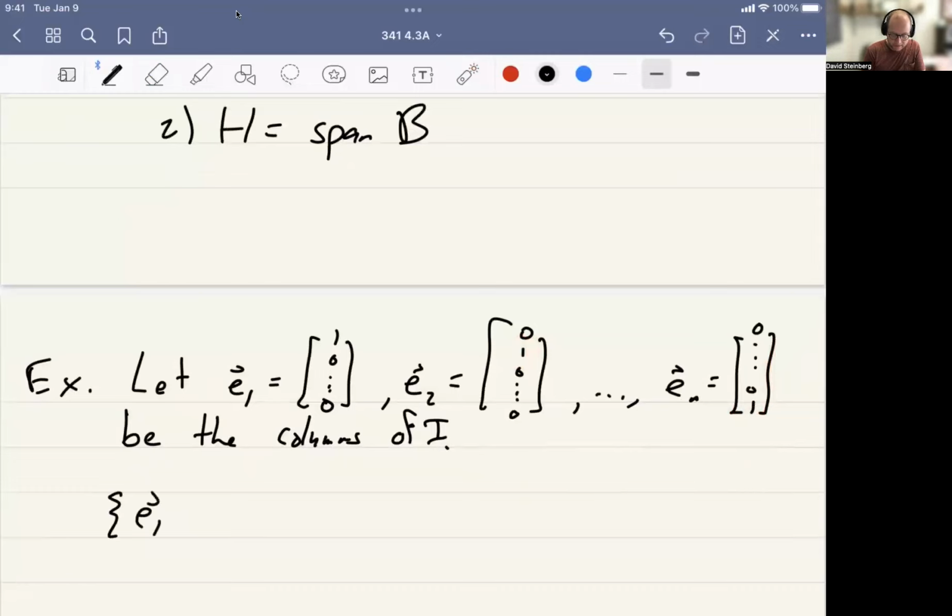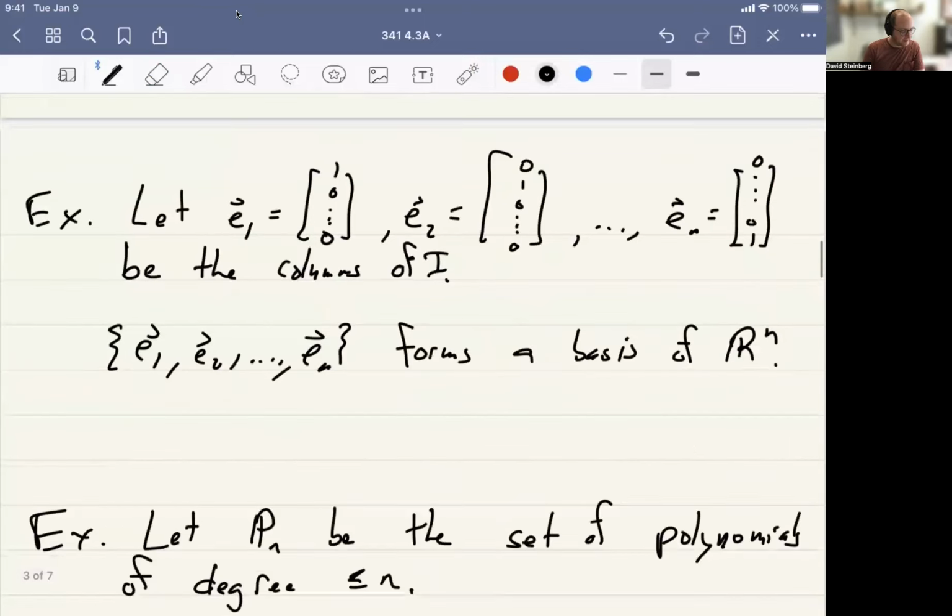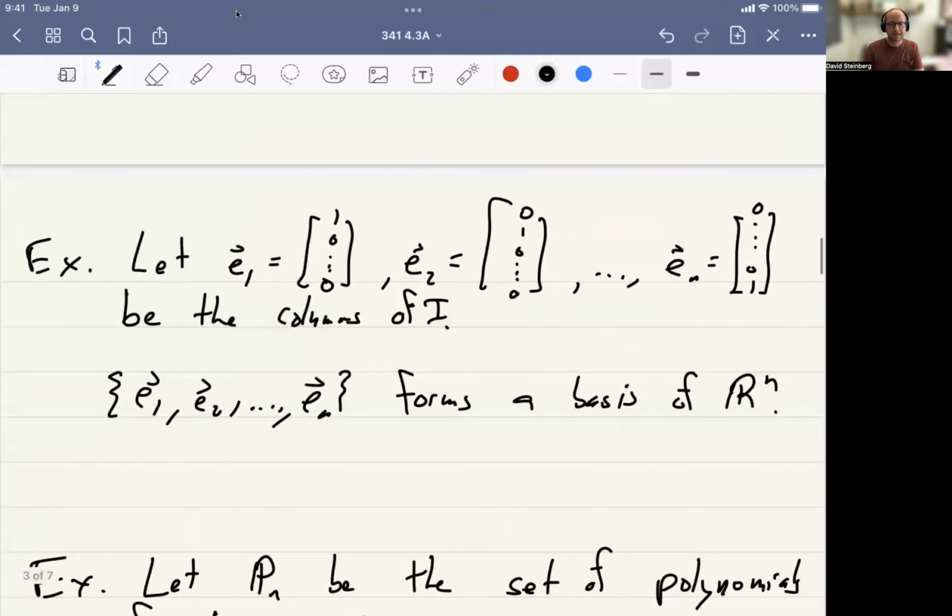E1, E2, up through En form a basis of Rn. And the invertible matrix theorem helps us see why this should be a basis. Since these vectors span Rn, and there are n of them, the IMT says they're also linearly independent.